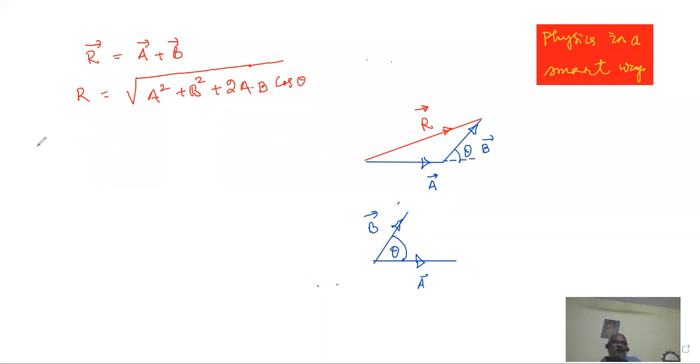Let us say we consider a problem or a question. A vector magnitude is given, that is 10 units. Okay. B vector magnitude is given, that is, say, 6 units.